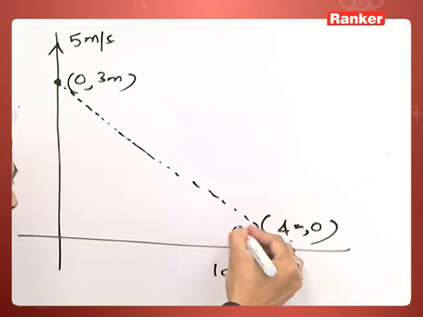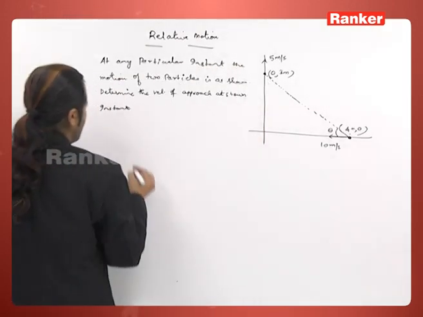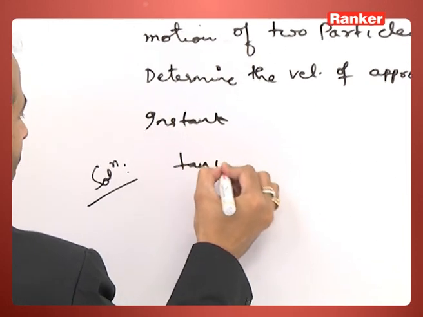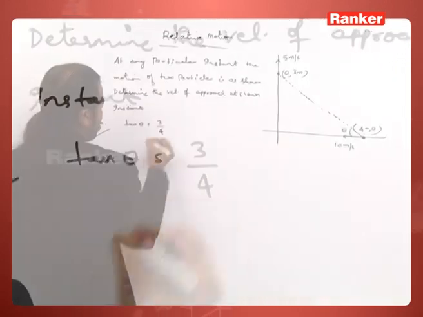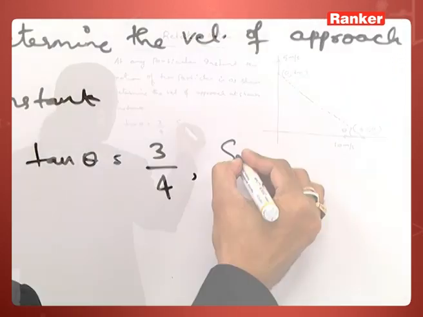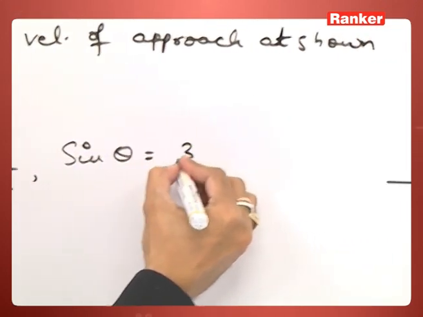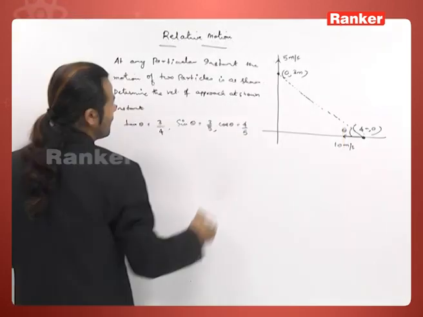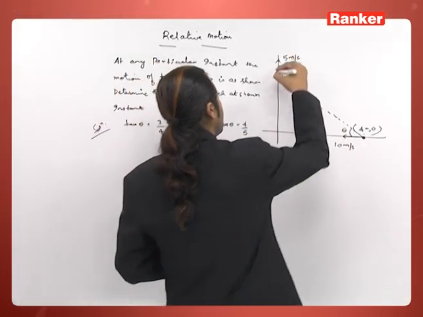Let this angle be theta. So I know tan theta is equal to 3 by 4, sin theta is 3 by 5, cos theta is 4 by 5. Now I extend this line.